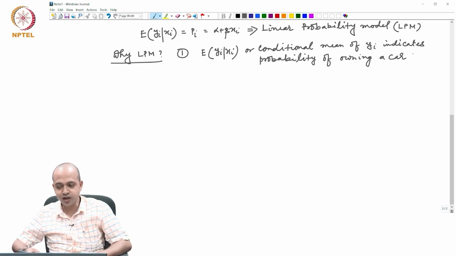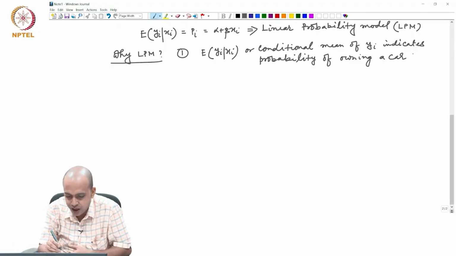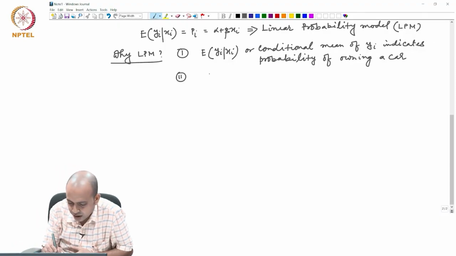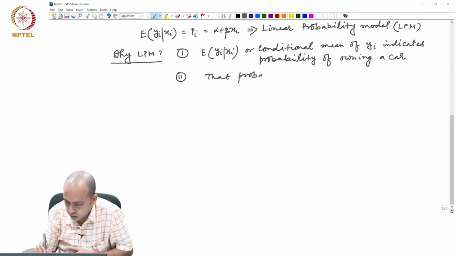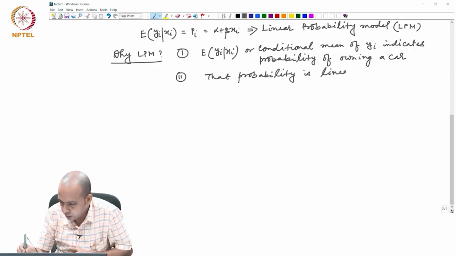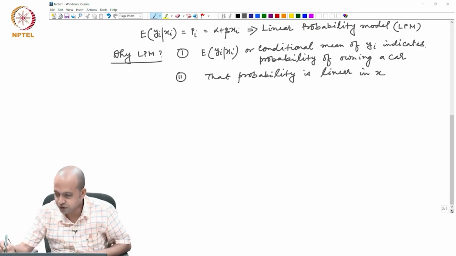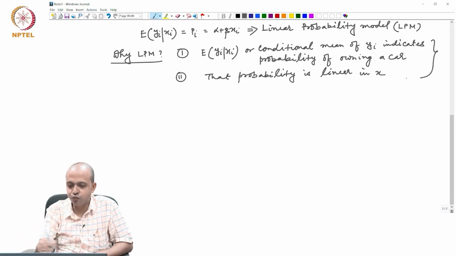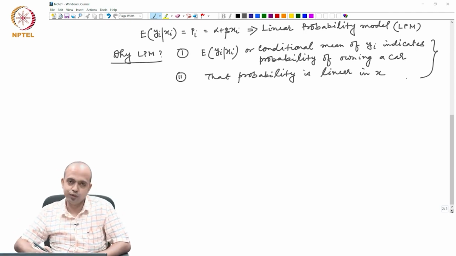Conditional mean of yi indicates the probability of owning a car, and secondly, that probability is a linear function of x. Because of these two reasons, this model is called the linear probability model. That is all.